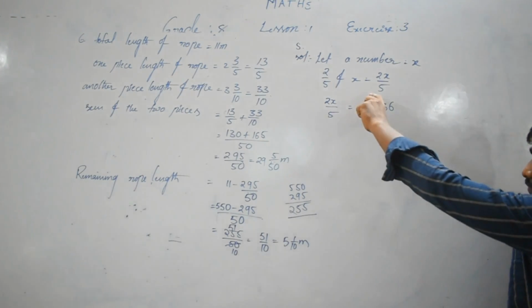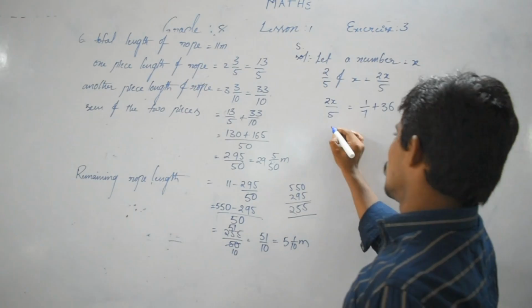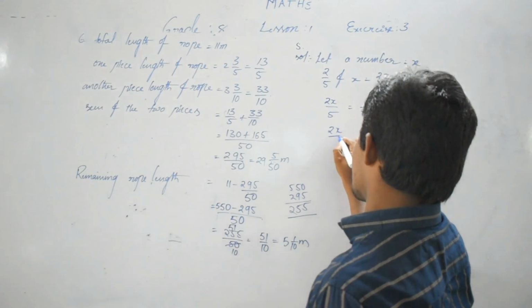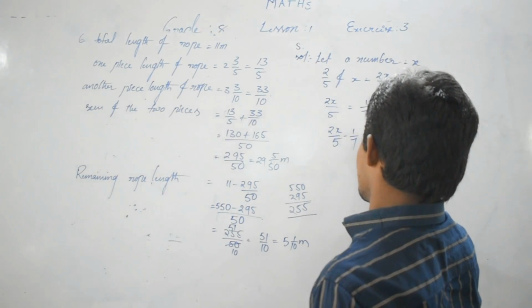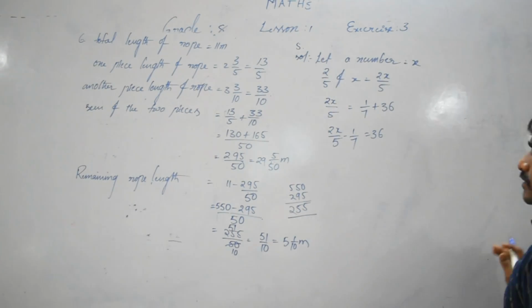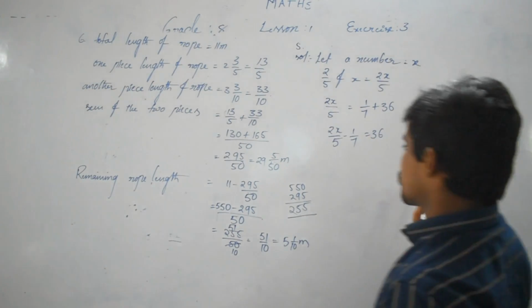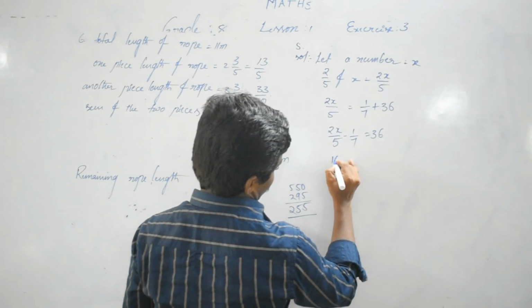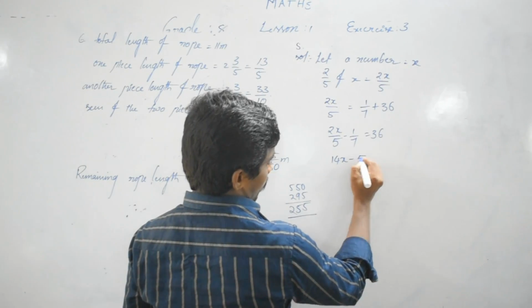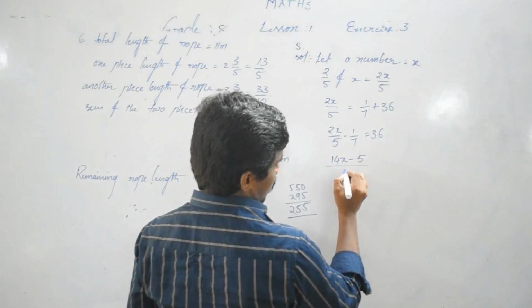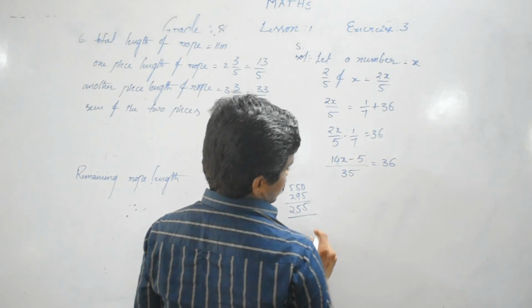So now this one we move this side. 2x by 5 minus x by 7 is equal to 36. 7 2s are 14x. 5 1s are 5 by... 7 5s are 35 into 36.